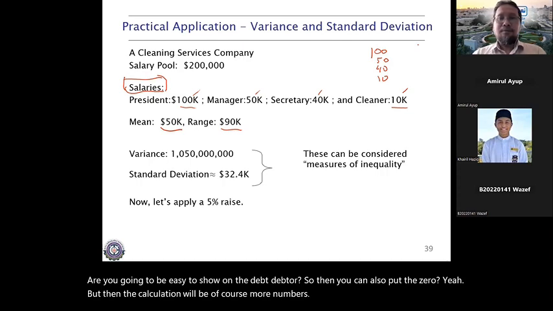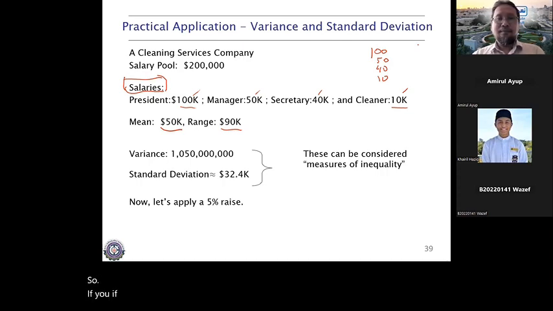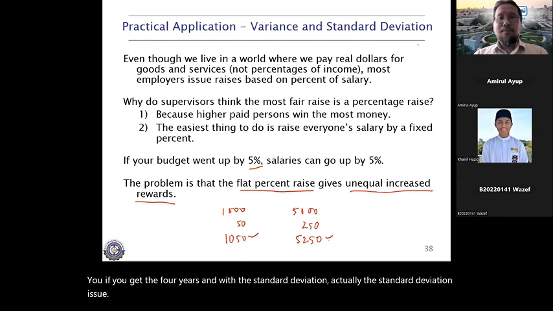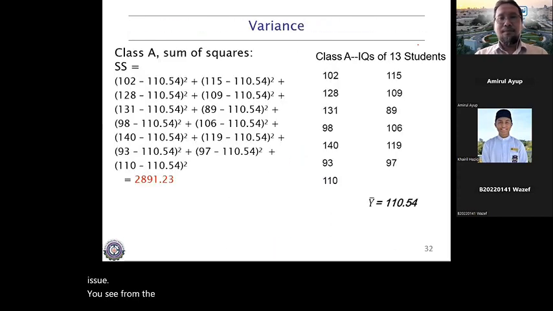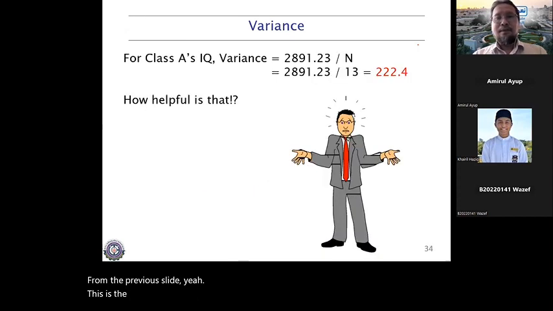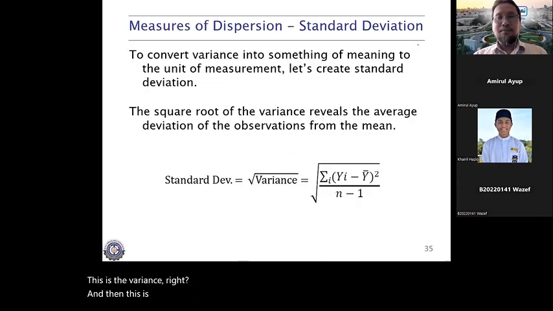If you get the variance, then the standard deviation, as you see from the previous slide, is actually the square root of the variance.